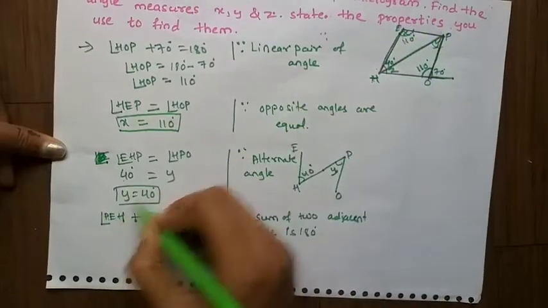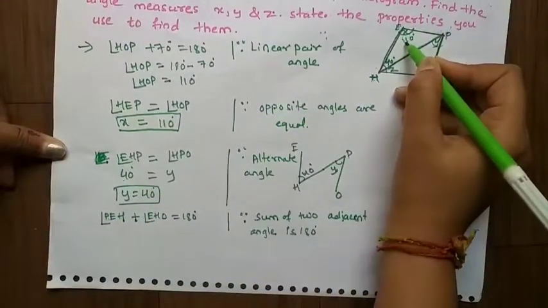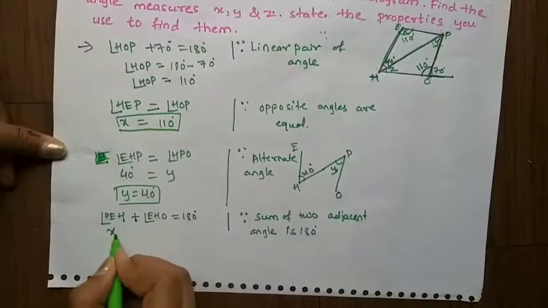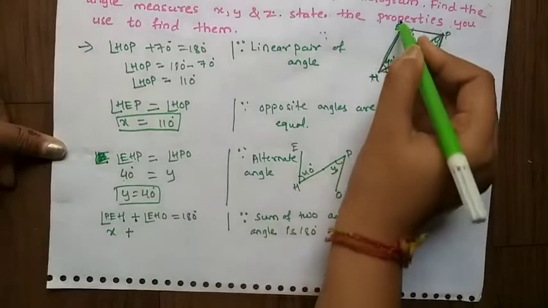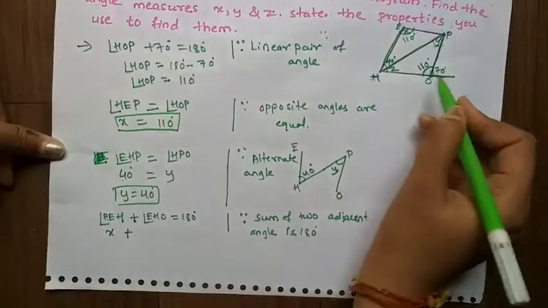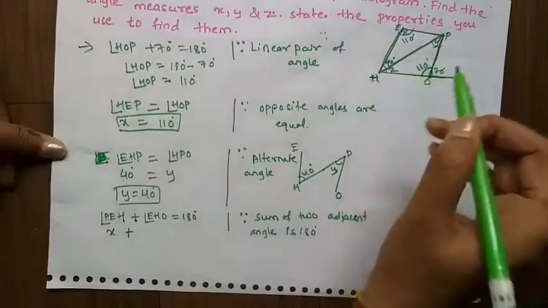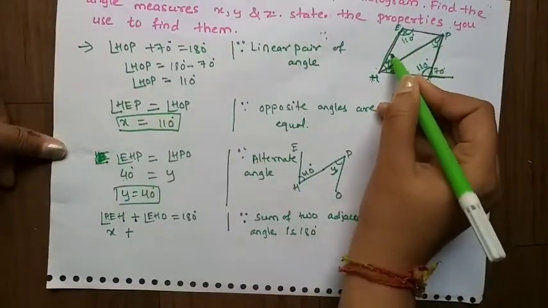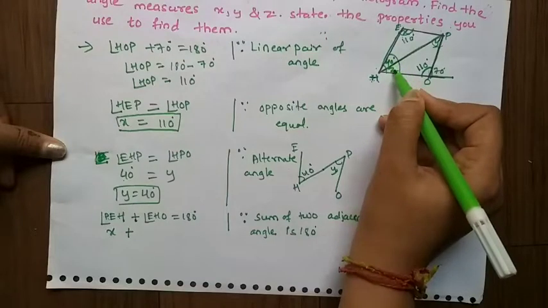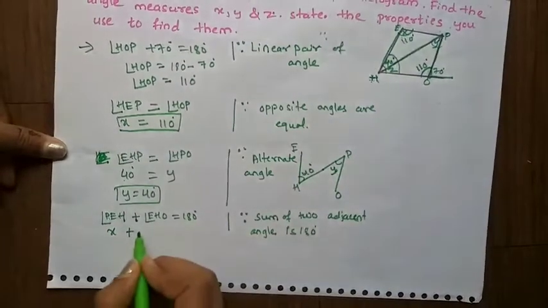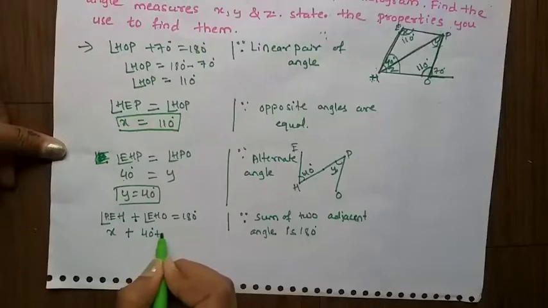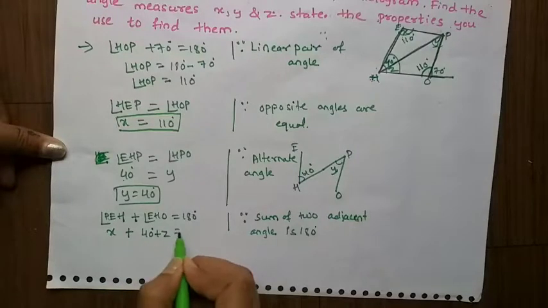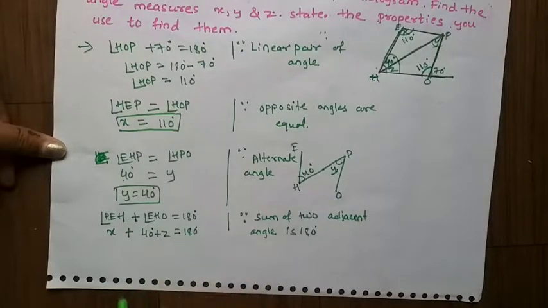PEH, the PE value is what here? That is X. So keep as it is. Plus angle EHO. Here EHO has again two sub angles, 40 degree and Z. So H has two angles, 40 degree plus Z. So right here 40 degree plus Z is equal to 180 degree.